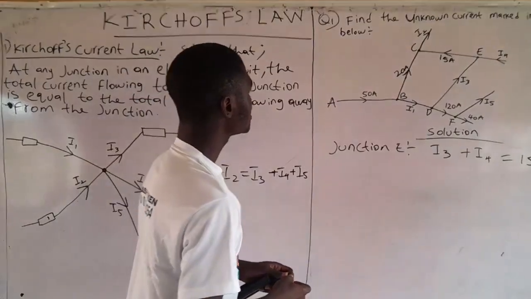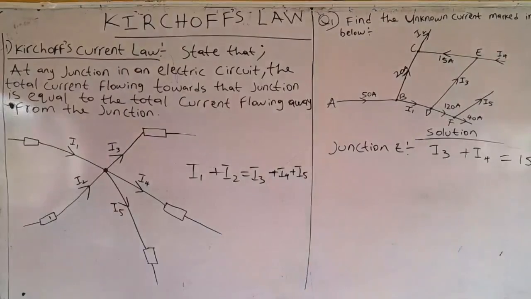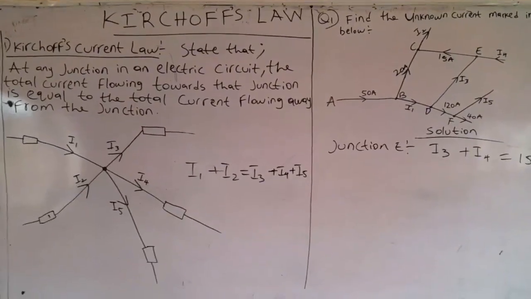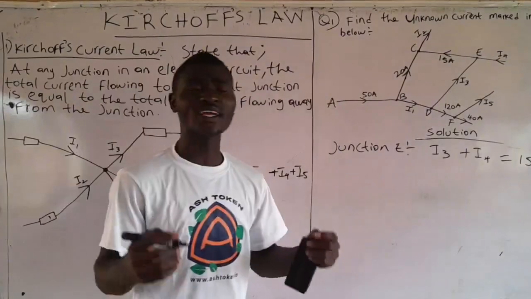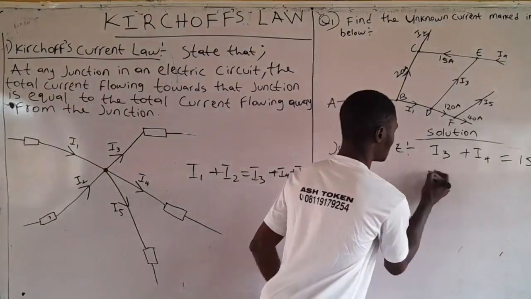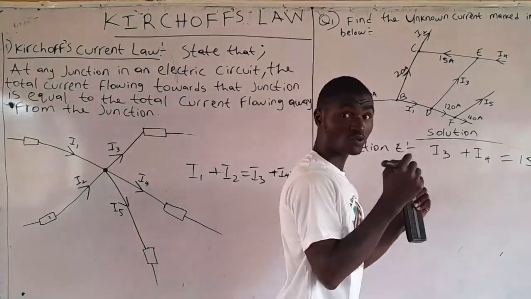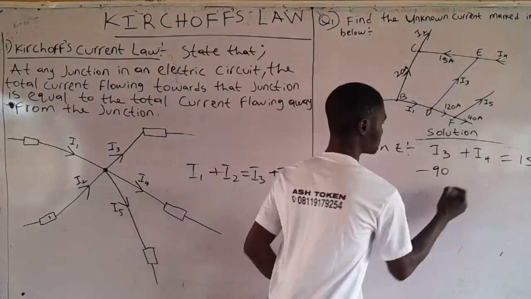I have gotten our value for I3. So our value for I3 before I wrote up the board was what? Minus 90 amperes. If you check, we have minus 90 amperes as I3.